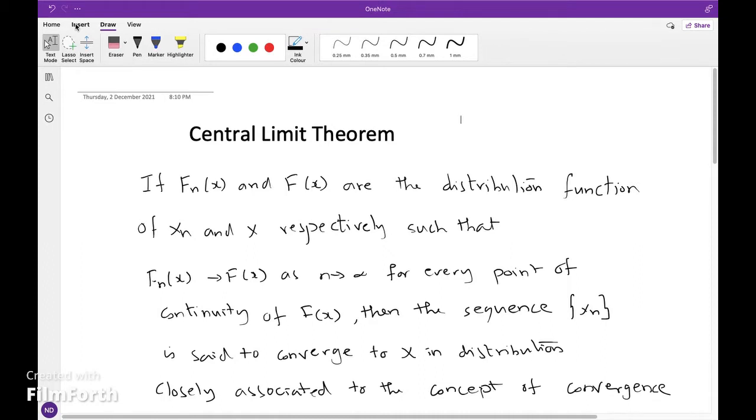The convergence everywhere and almost everywhere.